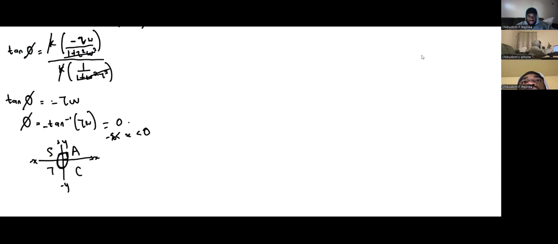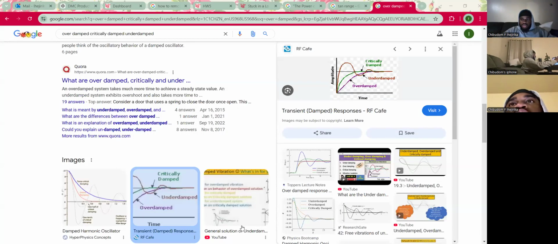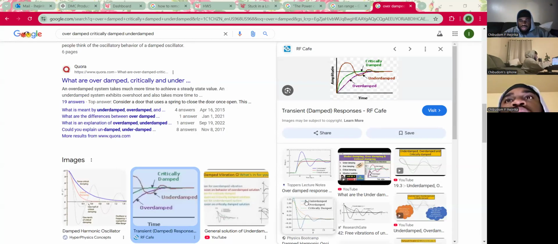Okay, let me just quickly share this screen. So here we can see the critically damped is right on that line. It's basically like one.